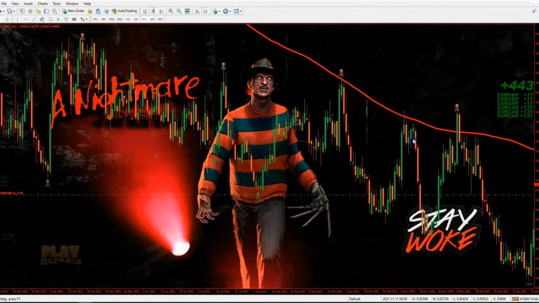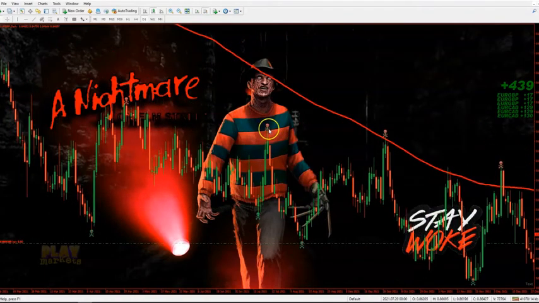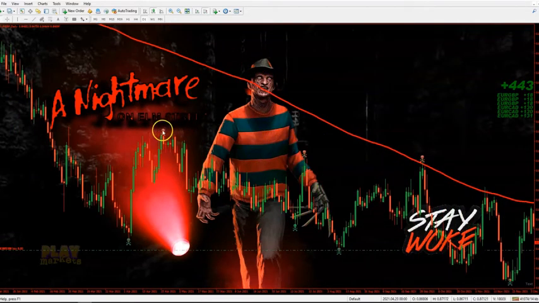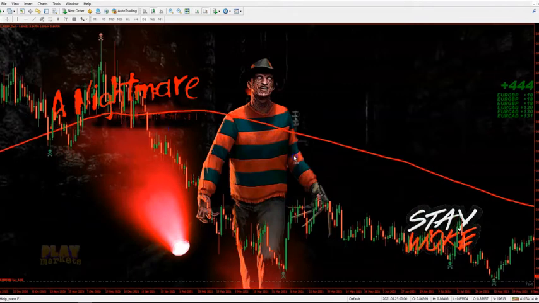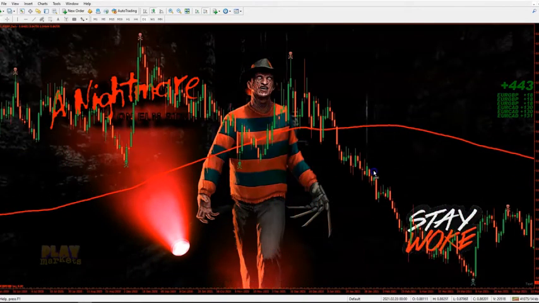So the strategy is this: if it's under the 200 moving average and you get a skull underneath the 200 average, like this one here, it has an 80% win rate if you take these trades. So here's one here under the moving average. You could count this one here. Here's another one that's under the 200 moving average, and so forth and so on.